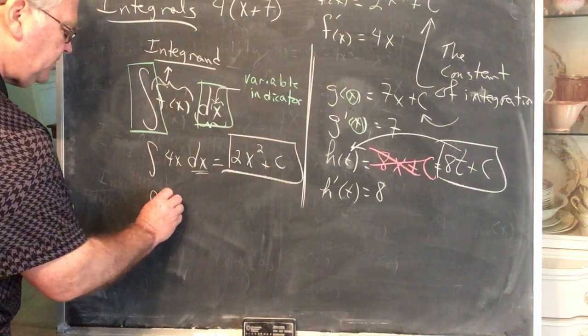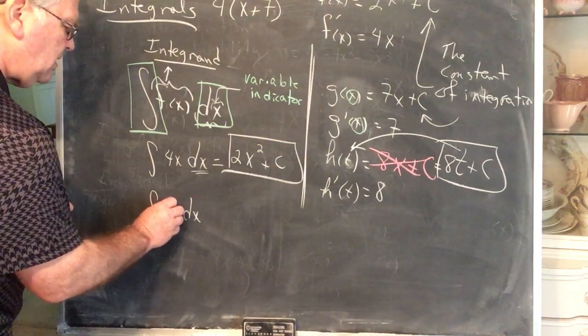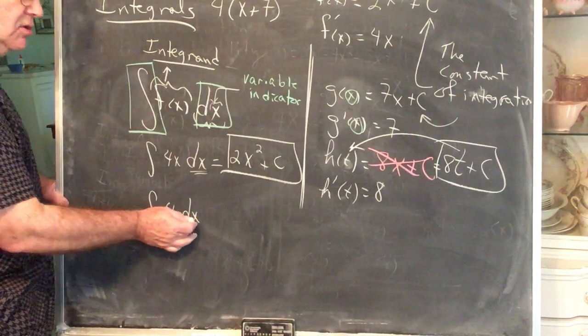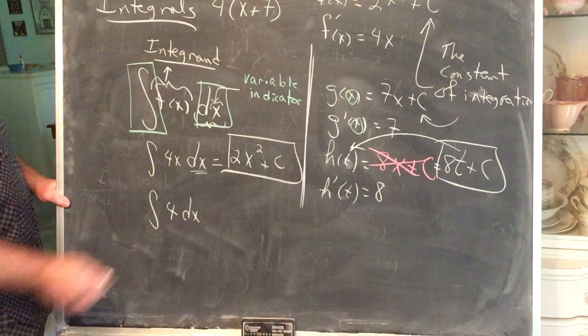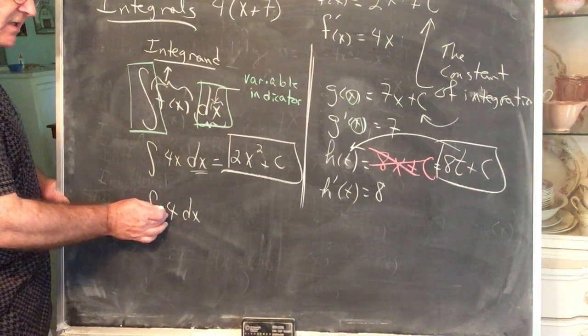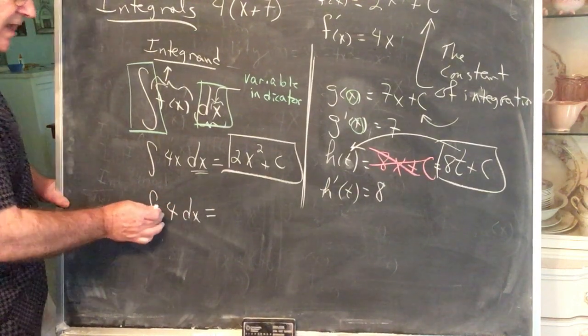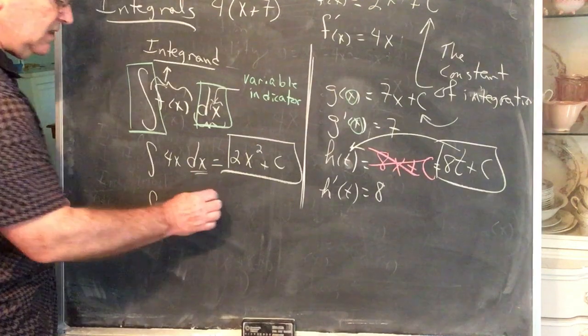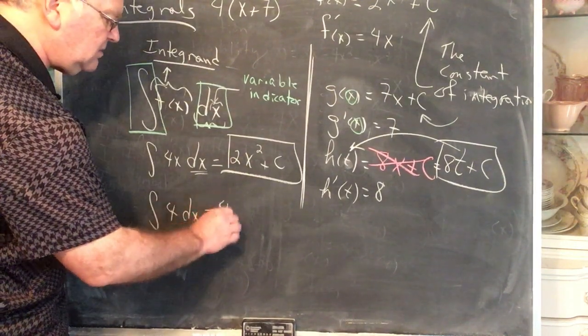But watch this. Suppose I have the integral of 4 using x as the variable. The question is, what is the antiderivative of a constant? The antiderivative or the integral of a constant is you reattach the variable.